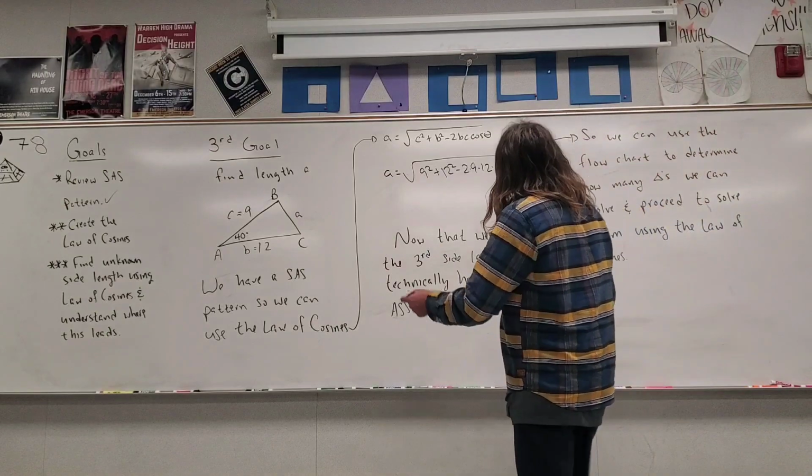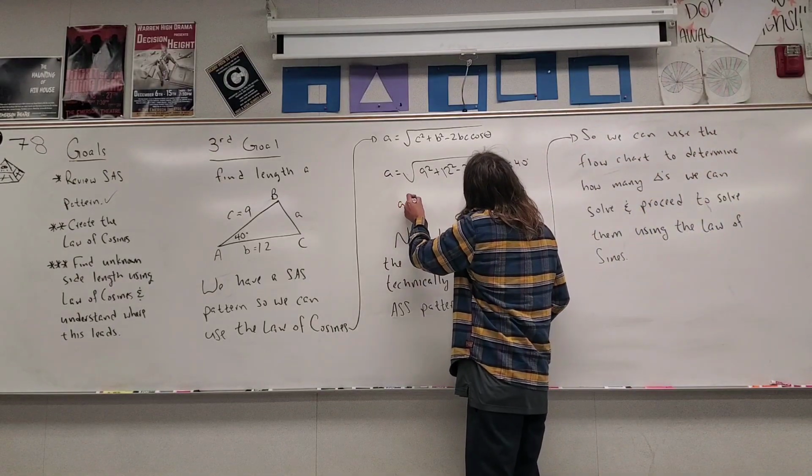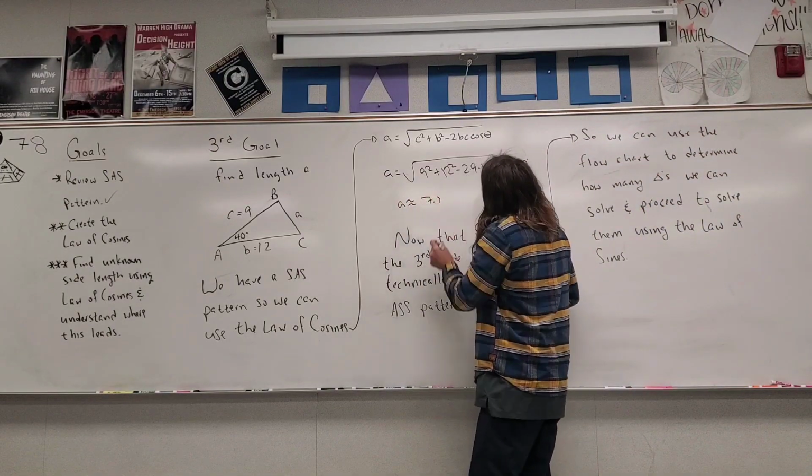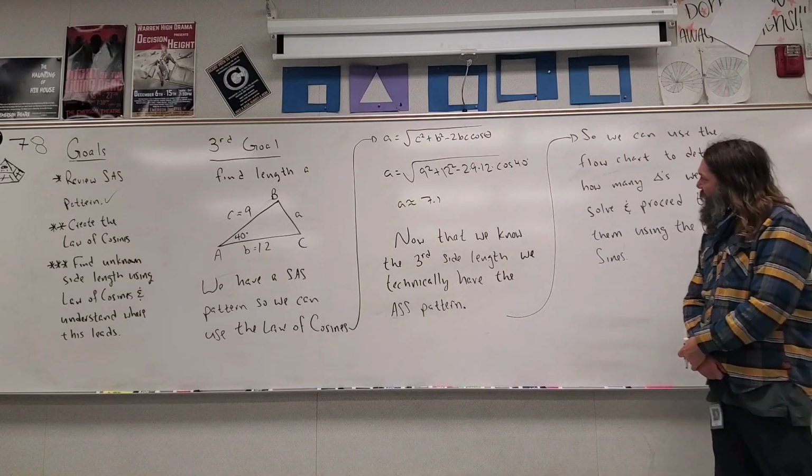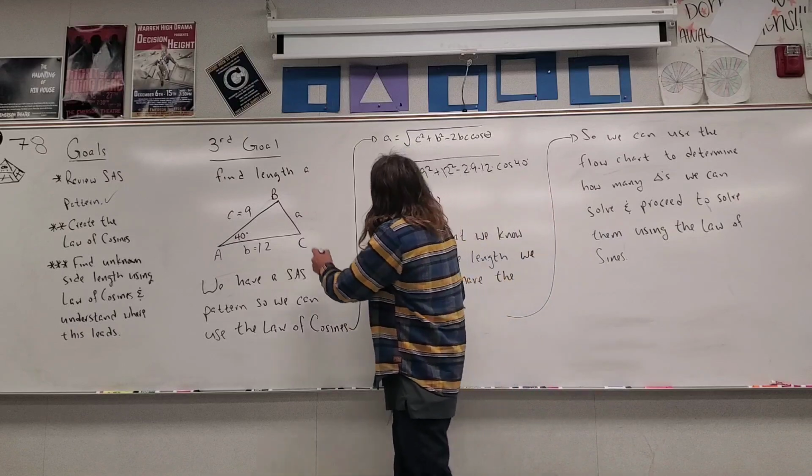So A is roughly 7.71. All right, now that we know the third side length, we technically have the angle side pattern, right?